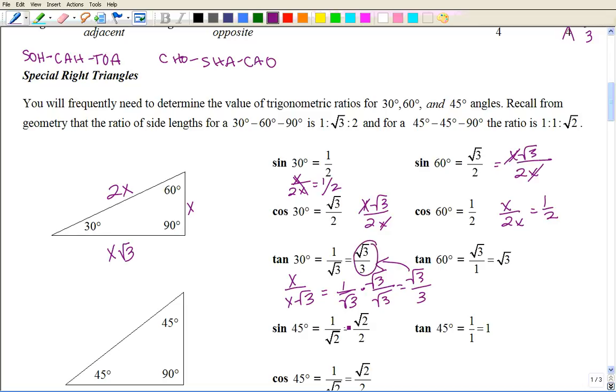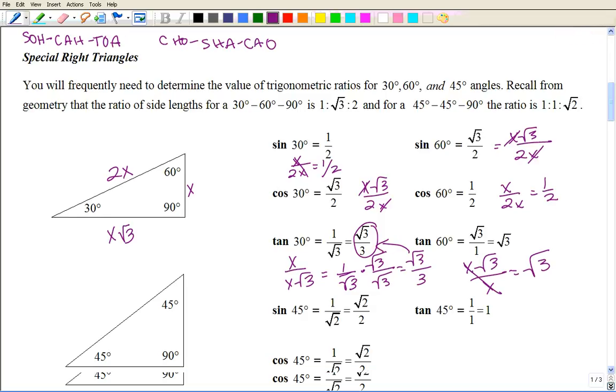So this is what you would write down if it was asking the tangent of 30 degrees. And then the tangent of 60: opposite is x square root of 3 over adjacent of x, that cancels out to just be the square root of 3. So that's how it'd work for a 30, 60, 90.